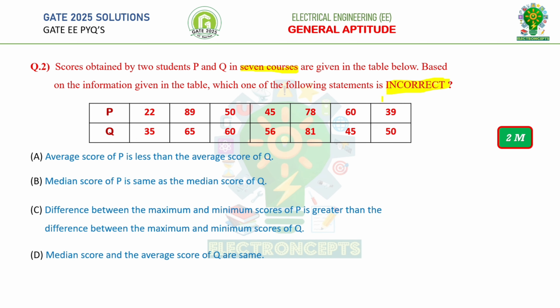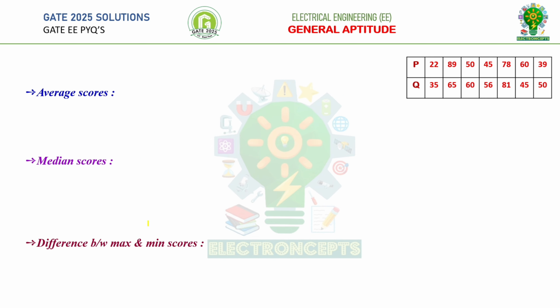If you observe the options carefully, we need to find the average score of both students, the median score of both students, and also the difference between maximum and minimum scores of both students. Now, let's solve them one by one. This is the data. Now, let's calculate the average, median, and difference between maximum and minimum scores of the two students P and Q.